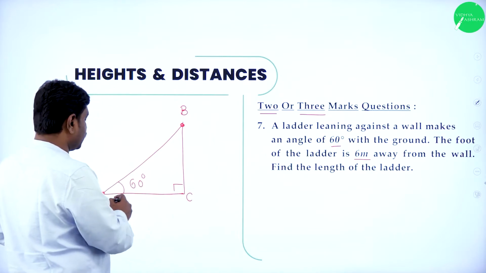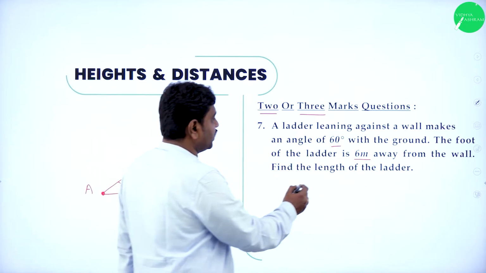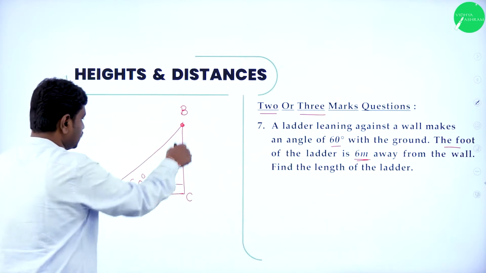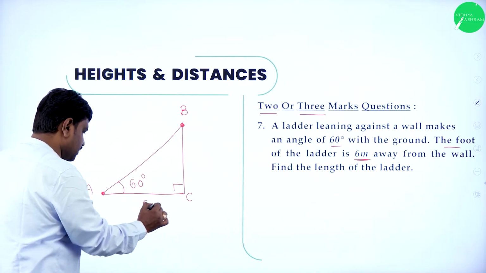And they told from where? The foot of the ladder is 6 meters away from the wall. So this is the wall, from here to here it is 6 meters.